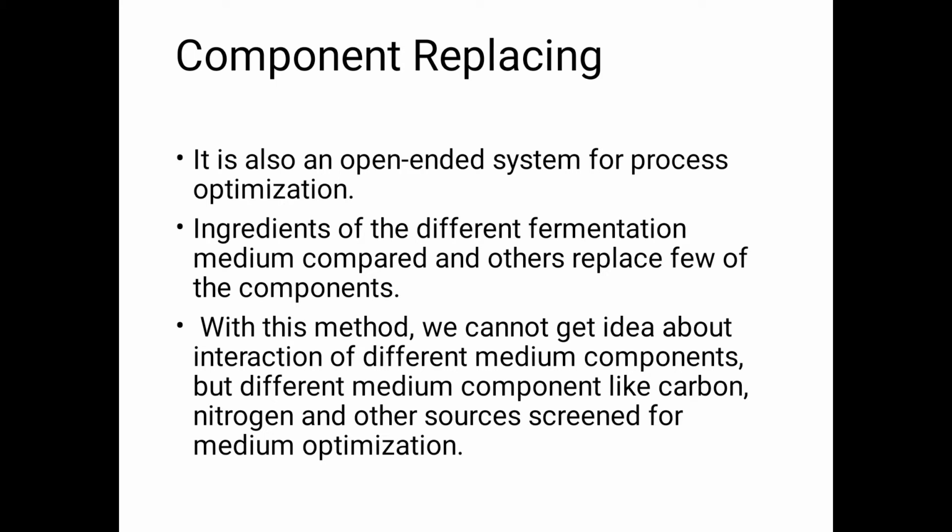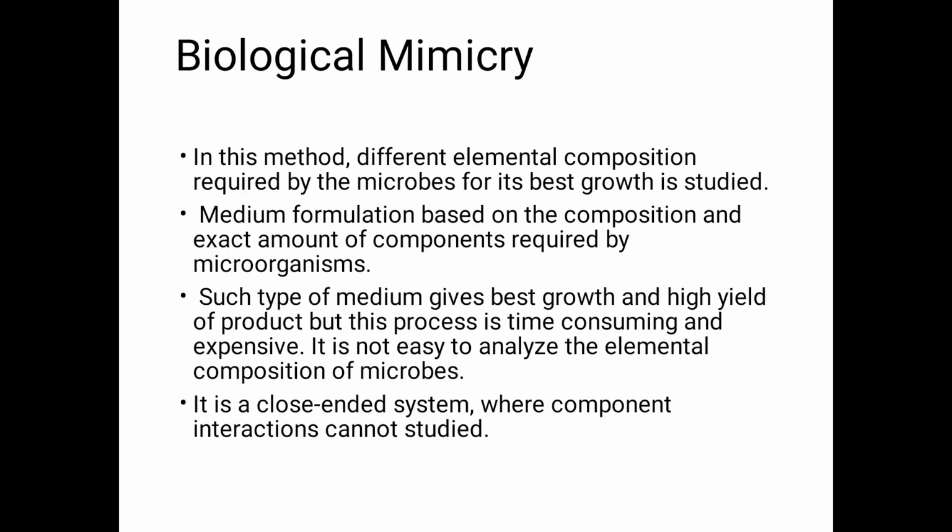You will change one of the ingredients and see the result. That is component replacing. But here you will not get the interactions of different components. Different media components like carbon, nitrogen, and other sources can be screened. So you can screen different carbon sources, etc. That is happening in component replacing.